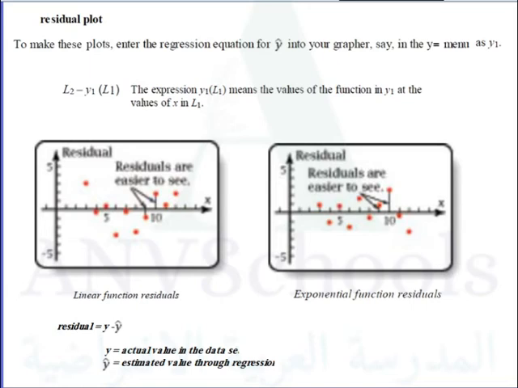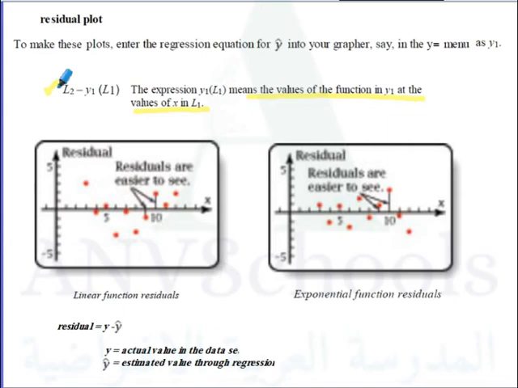The expression y1 of L1 means the values of the function in y1 at the values of x in L1. Okay? So the residual plot is in your grapher actually. So just run this in your grapher and it will show you the residuals.